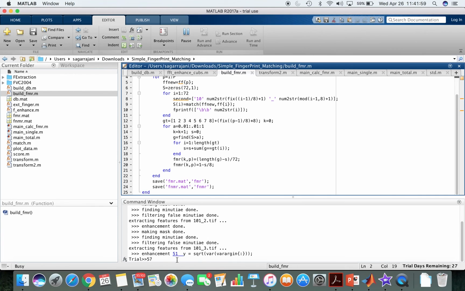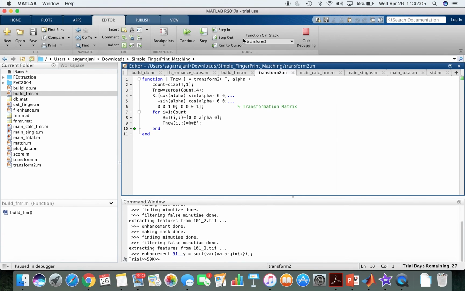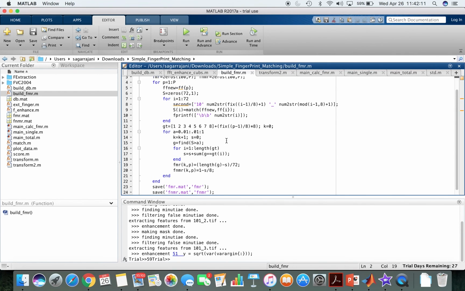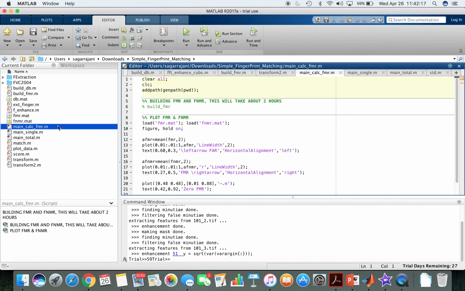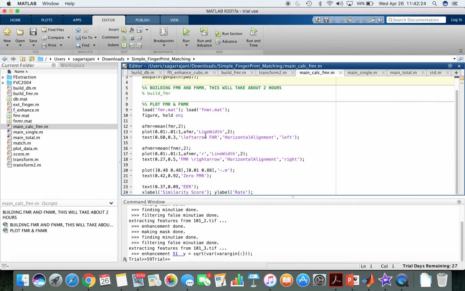This will take approximately an hour, so let's get that now. This will generate the graph for FMR and FNMR.